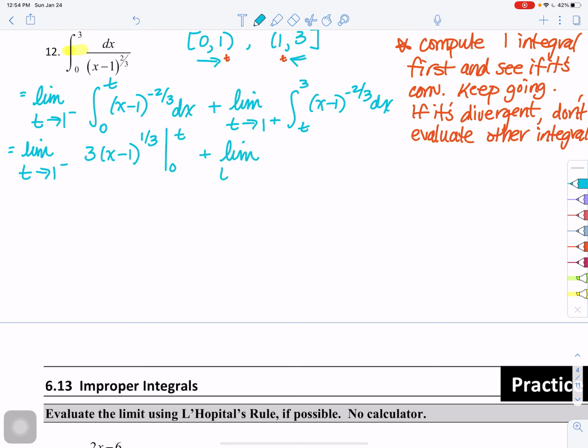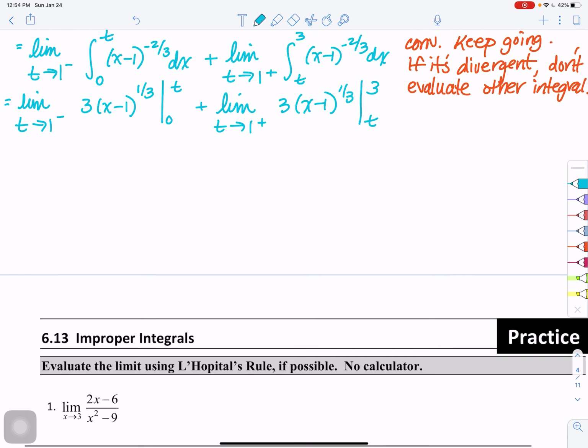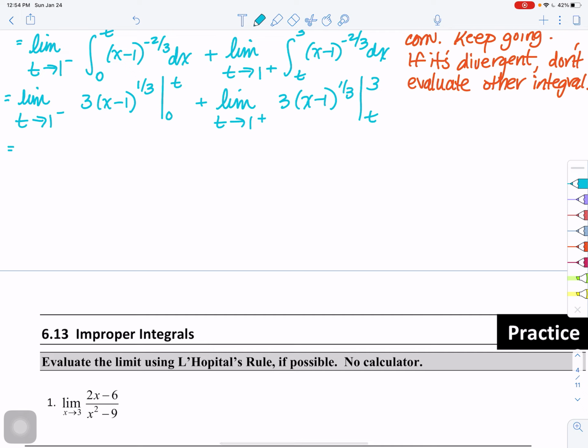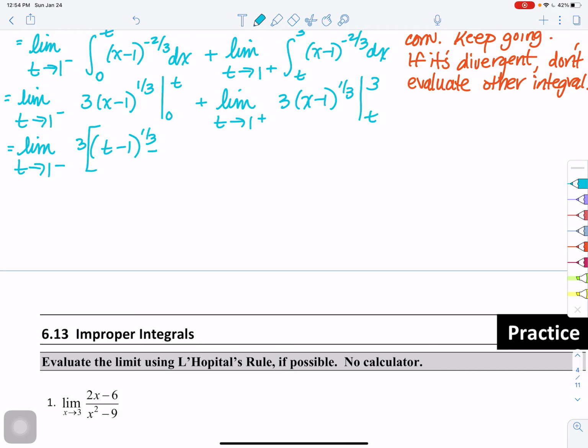And the nice thing is that our antiderivative is the same, 3 times x minus 1 to the 1/3, this time from t to 3, okay? So we'll go ahead and keep writing limit, and we're going to have 3 times t minus 1 to the 1/3 minus, I'll keep that 3 on the outside, 0 minus 1 to the 1/3, okay?